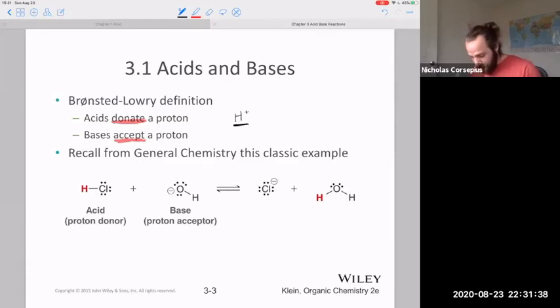Okay, so let's take a very common acid-base reaction here where our acid or proton donor is hydrochloric acid, HCl, and our base is this famous hydroxide base that we use quite often in the lab. Here, the base will be our proton acceptor, as always.